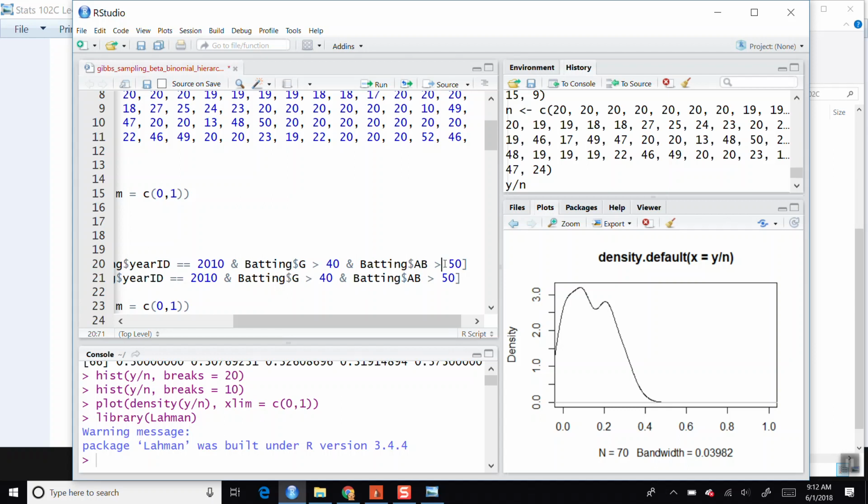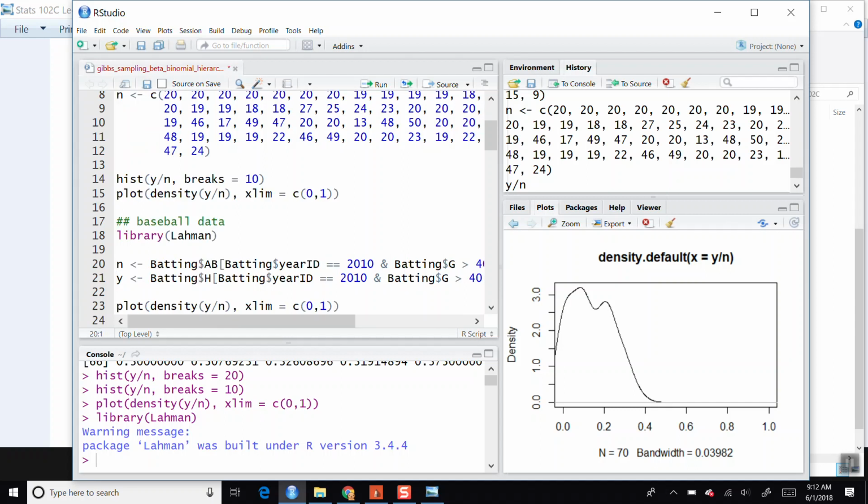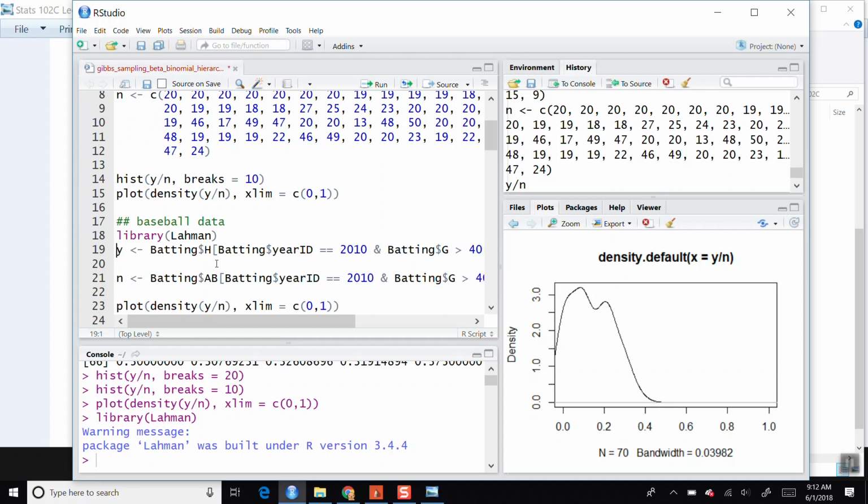By having over 40 games, we remove a lot of people who were just pulled up to replace somebody who was injured, your second string and third string players. So N will be the number of at-bats. Maybe I should flip these around. Y will be the number of hits, N will be the number of at-bats. And so your batting average is going to be hits divided by at-bats, okay?